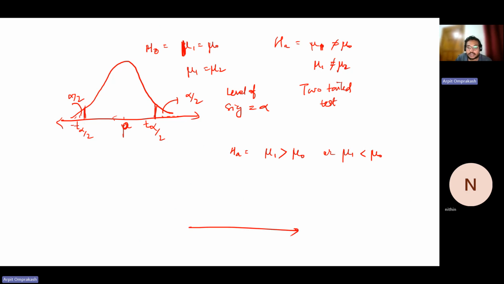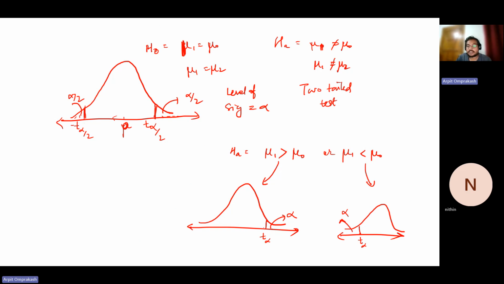But when we are doing a one-tailed test, we again have a similar distribution. But now, for this case, we'll just check the upper limit, right? So here we'll have t alpha, and this area here will be alpha, and there will be no lower bound here. And if we are checking for this condition, we'll have a test like this, where we have t alpha here, and this area is instead alpha.